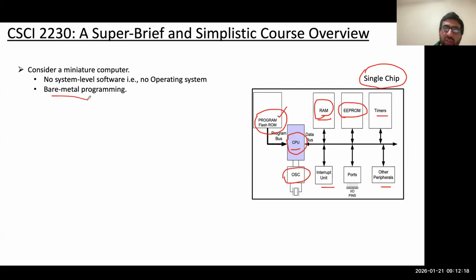If you are not aware of what assembly language is, as you know, any digital hardware doesn't understand anything but zeros and ones, like binary codes, right? If you don't have an operating system, you don't have support for programming infrastructure. For example, you cannot run an integrated development environment on top of this miniature computer.